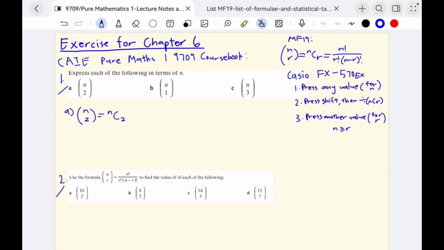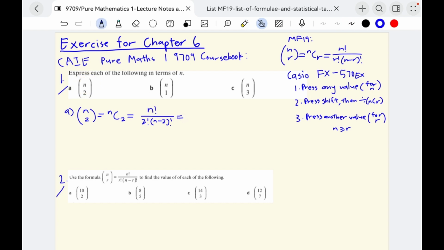So use the definition of nCr to evaluate nC2, which is n factorial divided by 2 factorial times n minus 2 factorial. This calculator tutorial is for question 2. Why isn't it applicable for this step? Because the n value is unknown.